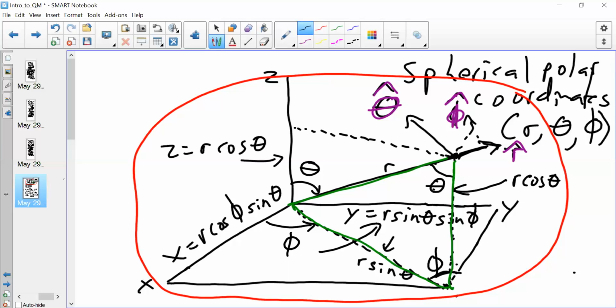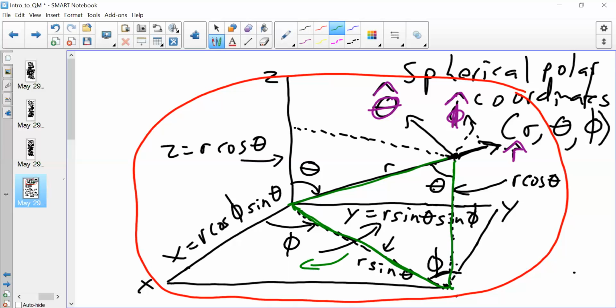It's not just going to be cosine phi, but a combination of r sine theta and cosine phi. Why is that? If we take this sphere, and we're looking at this middle green line, and we rotate this sphere back to the x-axis, that means we're going to do a clockwise rotation.